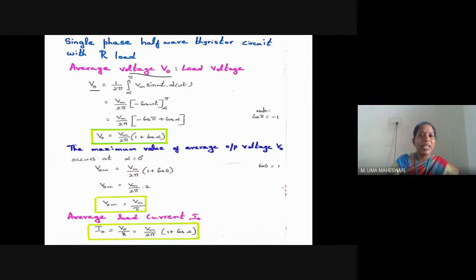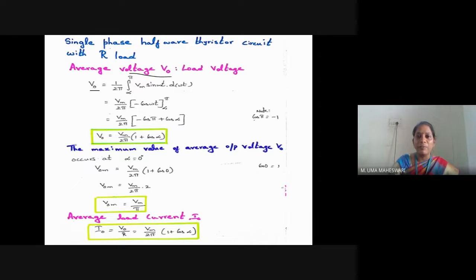Vm is taken common, divided by 2 pi, and the integration of sine omega t is minus cos omega t, and we are substituting the limits alpha and pi. Upper limit is pi and lower limit is alpha. When substituting the limits, it is upper limit minus lower limit. So Vm by 2 pi, in substitution of the limits, it is minus cos of pi, minus into minus plus cos of alpha.